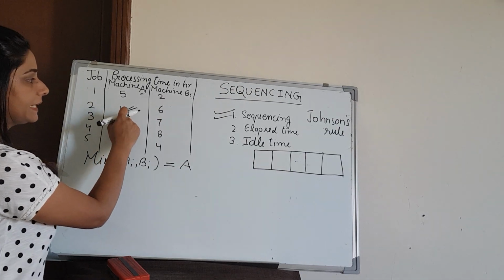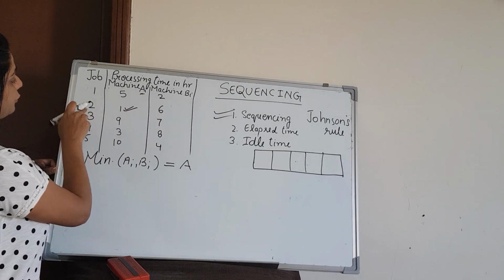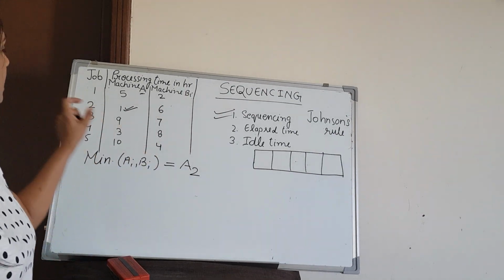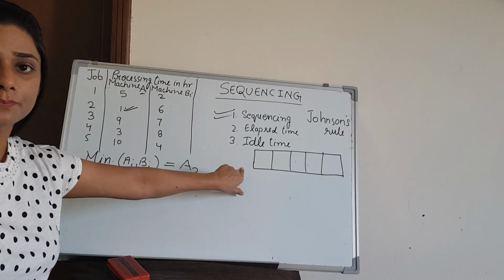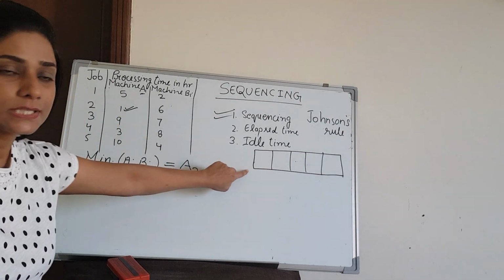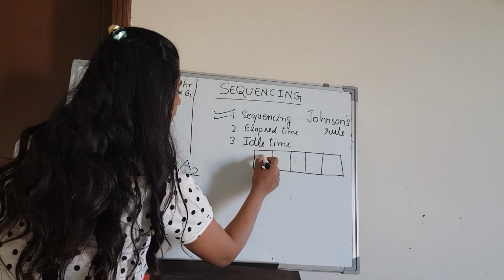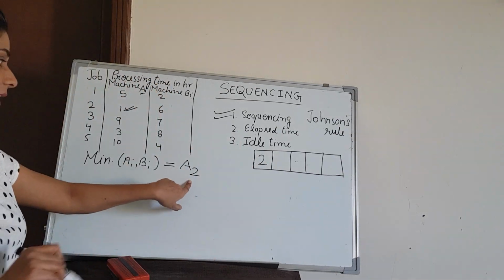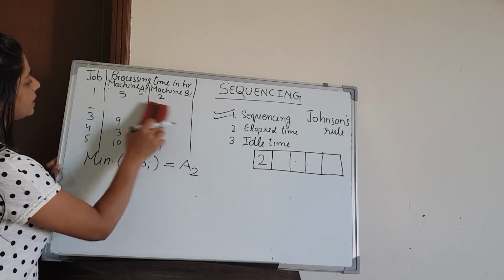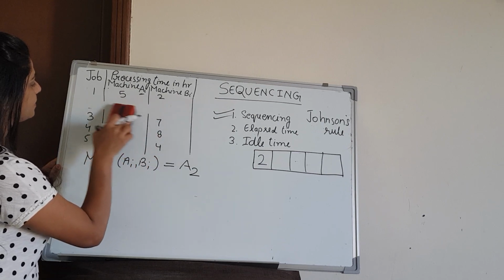This 1 we are getting from A, and from the second job, so we will write A2. Now this second job we will fill in the boxes. We have 5 jobs, so we made 5 boxes. Now this second job we will fill in this box. Now this job is done, so we will remove this row from our table.